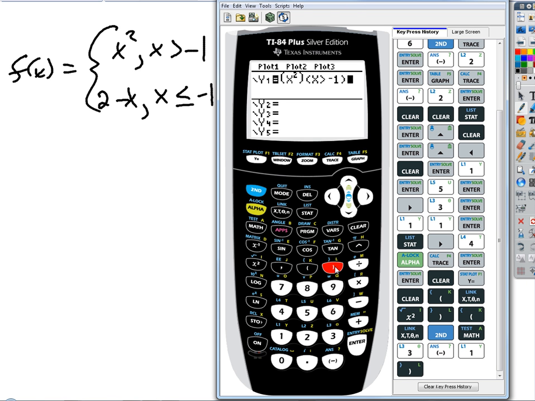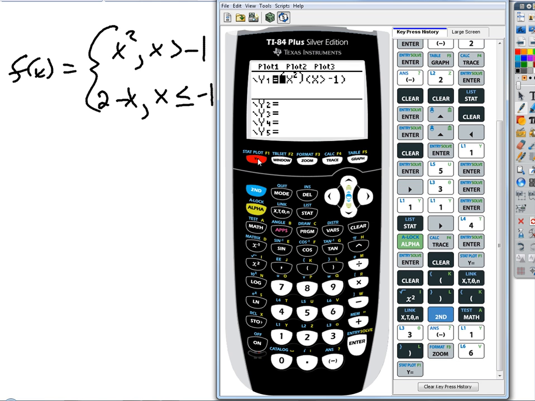And if I graph that now, if I just go zoom 6, look what I get. Notice that it only graphs the function on that domain. What do I do if I want to add another piece to this?